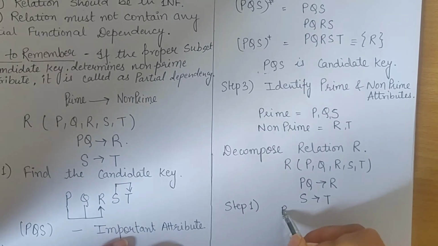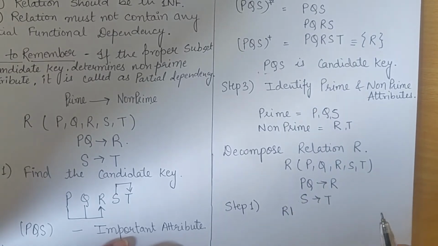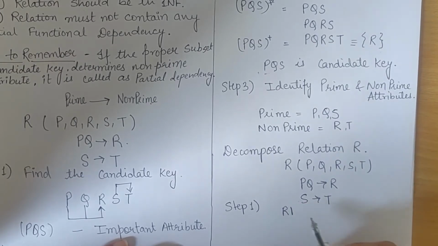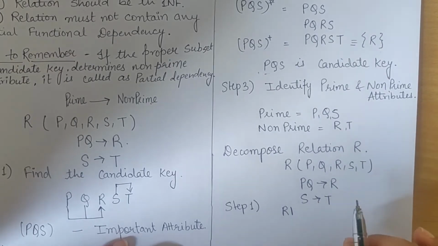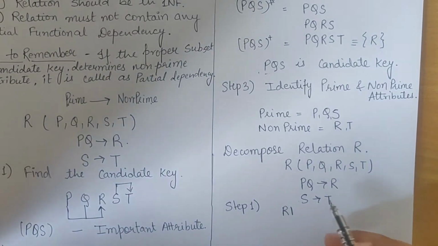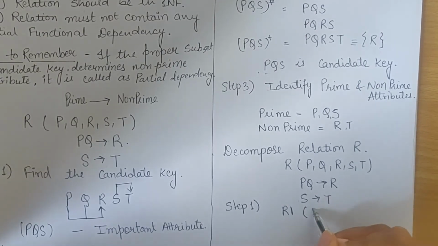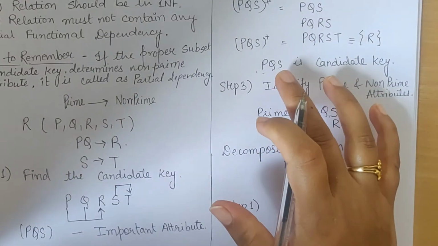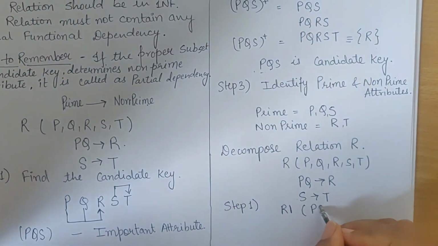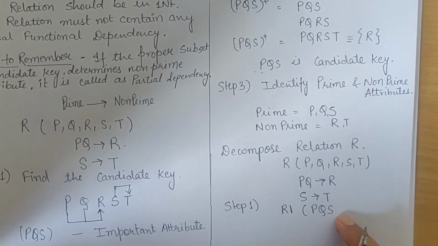So first decomposition, R will get decomposed into R1, and this we will reserve for the candidate key and the attributes which are directly dependent on candidate key. In relation R1, we will accommodate the candidate key. What is candidate key for this question? PQS. And which other element can I accommodate here?